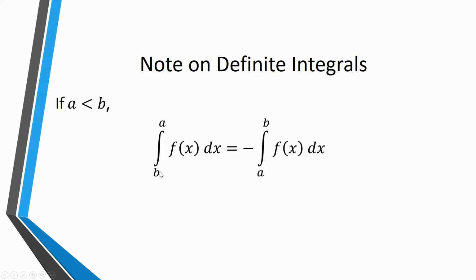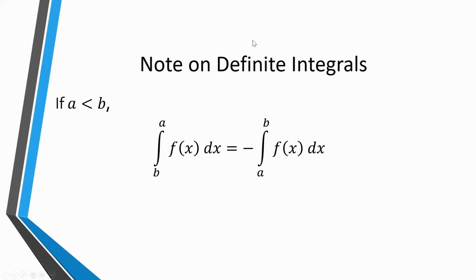Now, this is simply going to be the negative of the signed area. In other words, it's going to treat every triangle above the x-axis as a negative area and every triangle below the x-axis as a positive area.